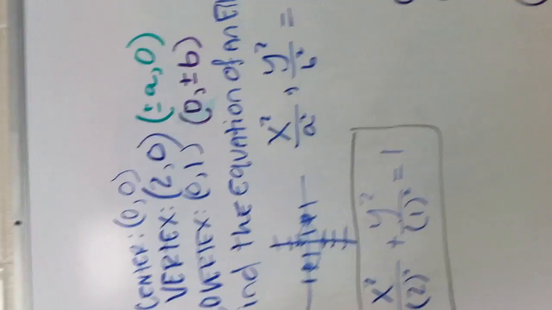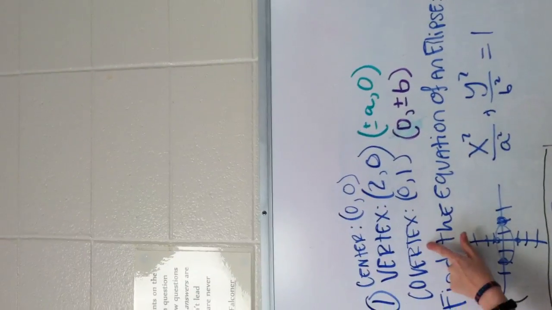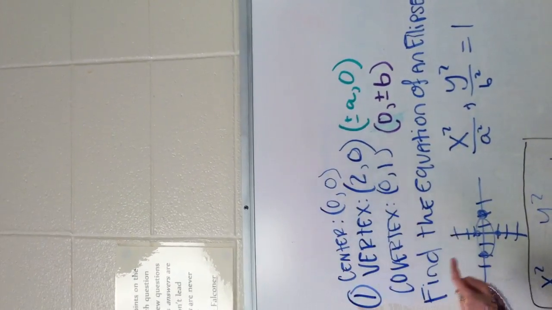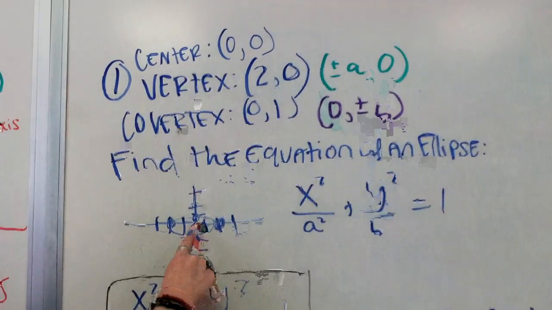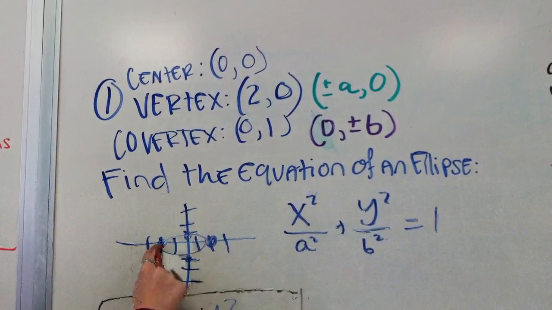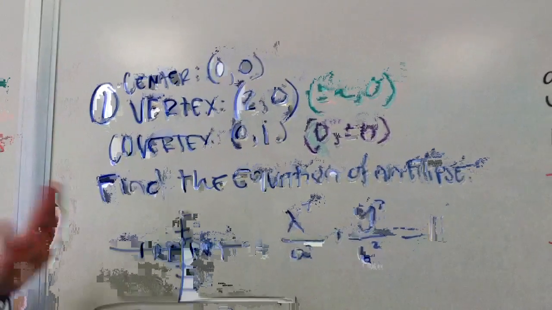First, find the equation of the ellipse using vertices at 2, 0, your covertices at 0, 1, and the center at the origin. Now, first you can sketch this out with your vertices at 2, 0 and negative 2, 0, and then covertices at 0, 1 and 0, negative 1. And you know that it's horizontal even before you sketch it out.